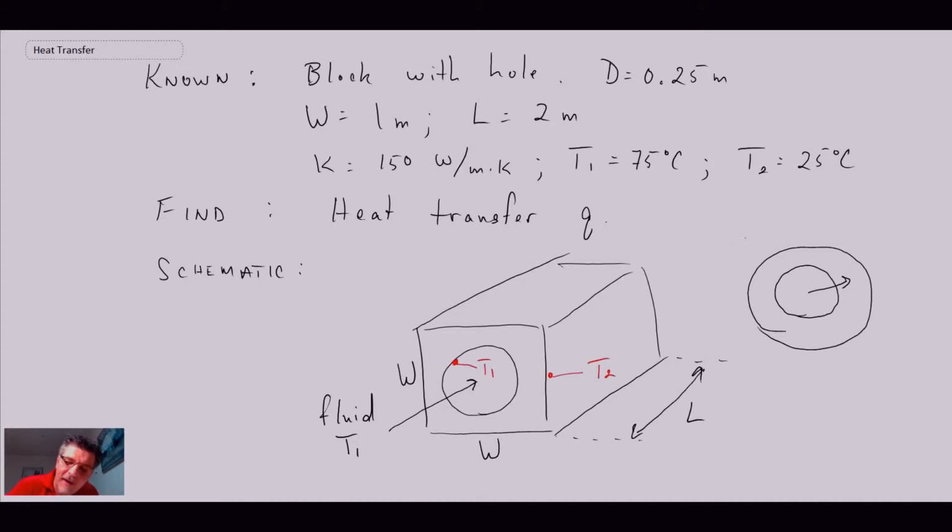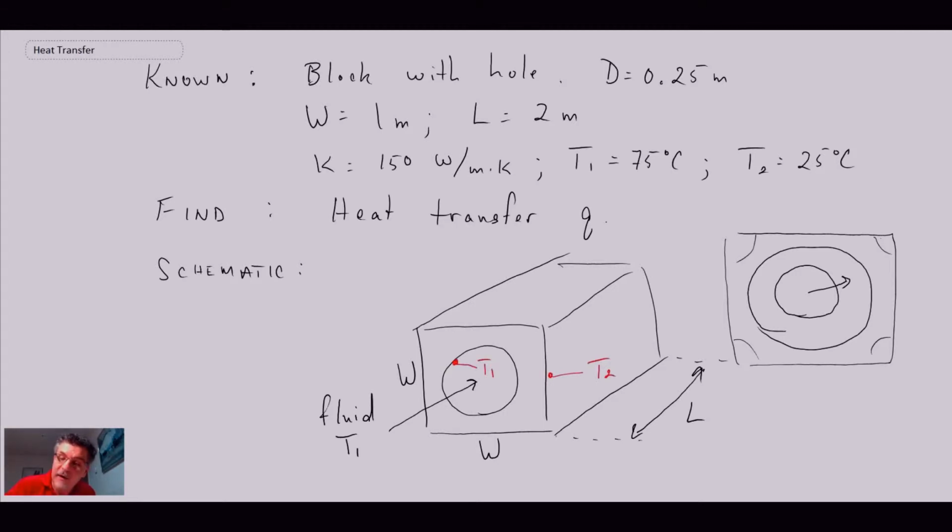Here, given that we have a square geometry around a circle, we're going to have edge effects, and consequently this becomes a two-dimensional conduction problem, and that's why we have to go to the shape factor in order to solve it.